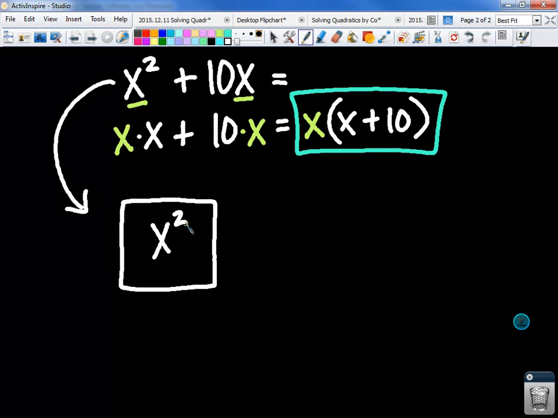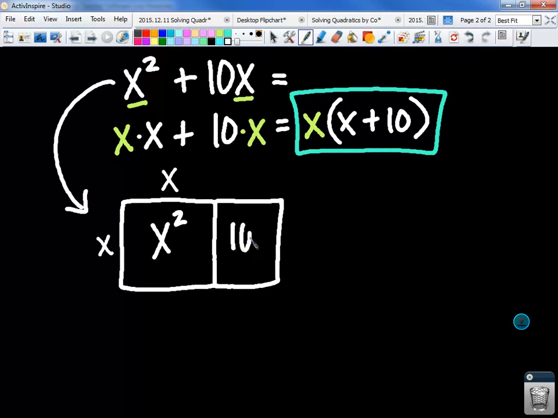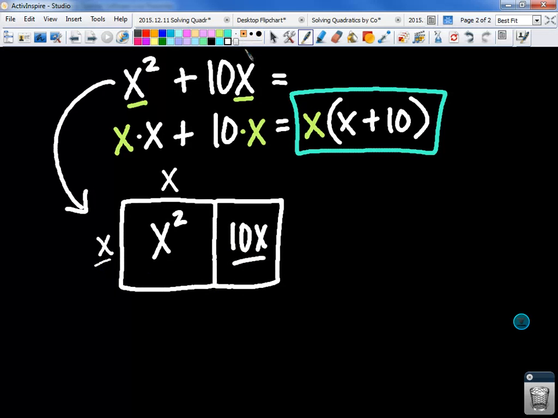Here's my x squared, and I get x squared by multiplying x times x. I'm going to add on my 10x. And I get 10x by multiplying x times 10.